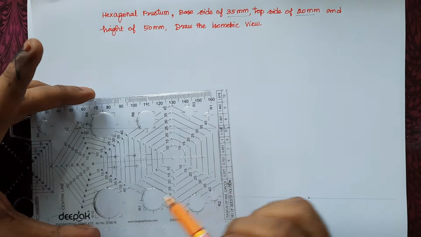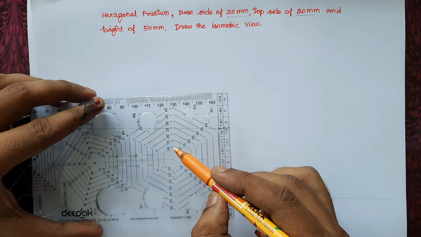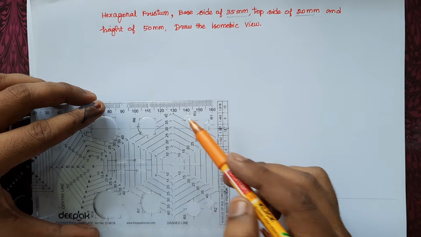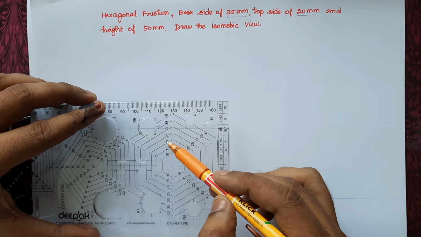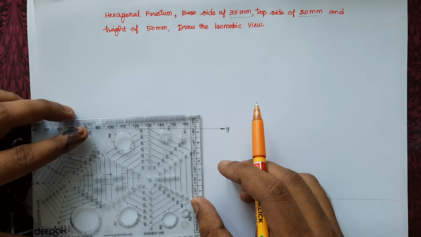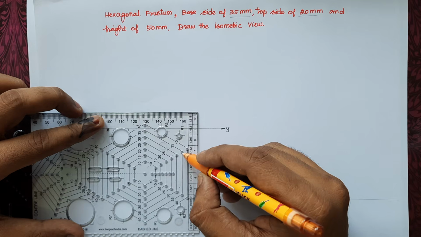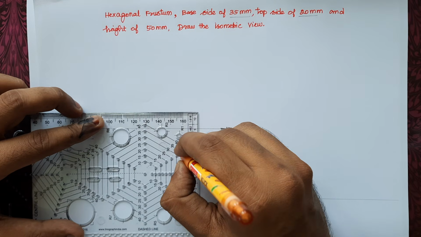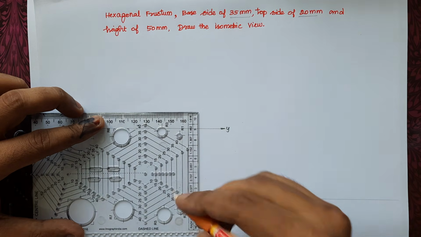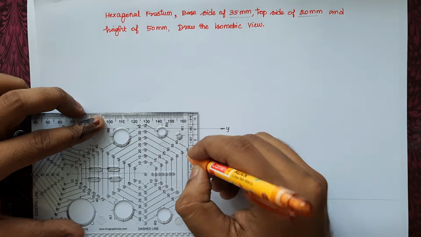Here the hexagon sizes on the template vary from 10 mm side to 40 mm side, but actually we need 35 mm and 20 mm. So first, initially place the 35 mm hexagon, with 2 points on the perpendicular line.